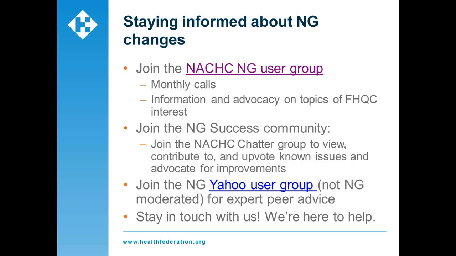So when there is a problem with, for example, encounter counting, or which encounters are qualifying encounters, when there's an issue with care guidelines, which health centers tend to use fairly intensively compared to the average practice because we're so focused on clinical quality for the UDS, you can upvote an issue so that it gets addressed more punctually.